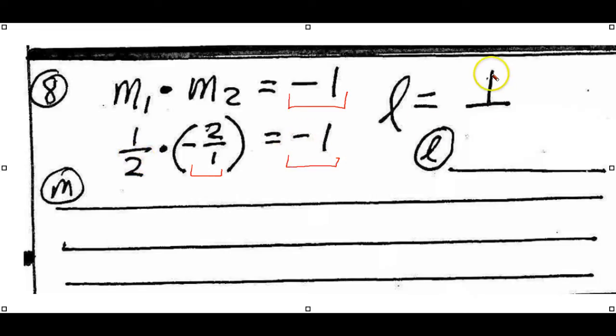The lines are perpendicular. This is the symbol for perpendicular, an upside down capital T.